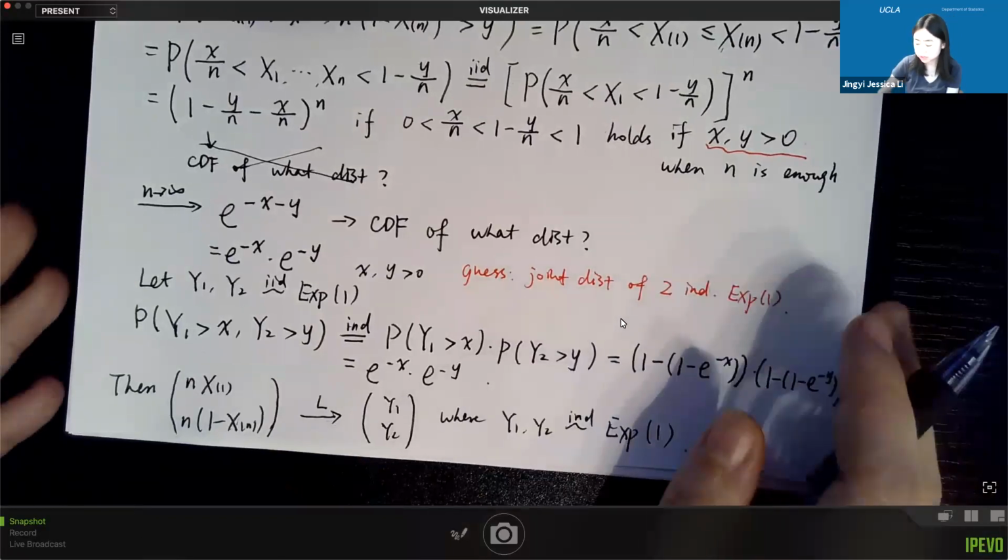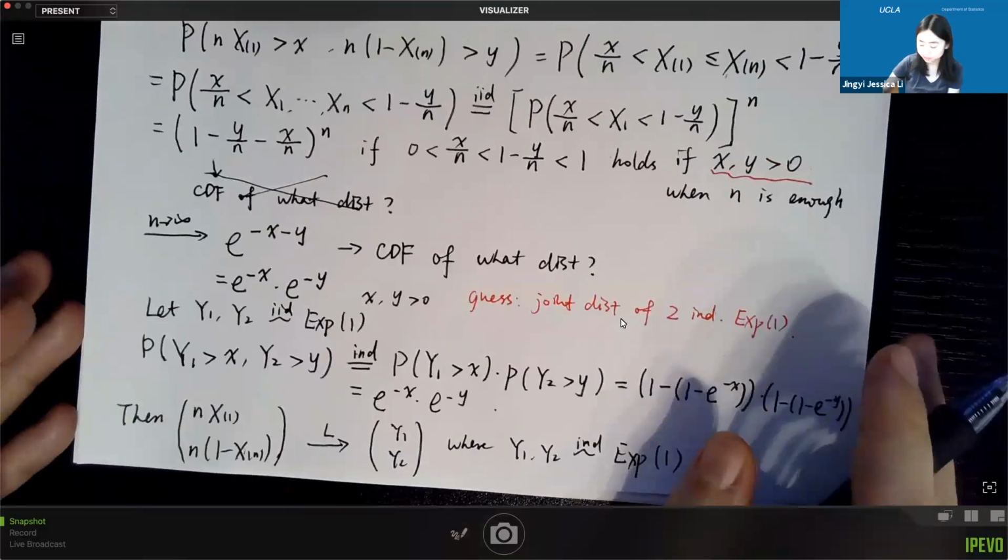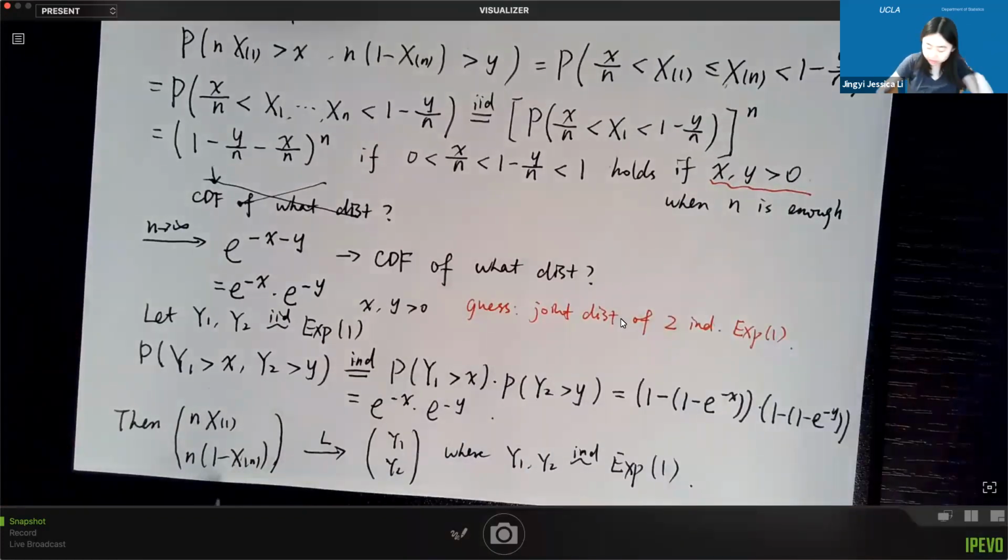The reason is that we know in the non-asymptotic sense, x1 and xn, one is the minimum, one is the maximum. They are not independent for sure, right? They're not independent because they are both based on the same sequence, x1 to xn. We sort the sequence and we take the minimum to be x1, the maximum to be xn.